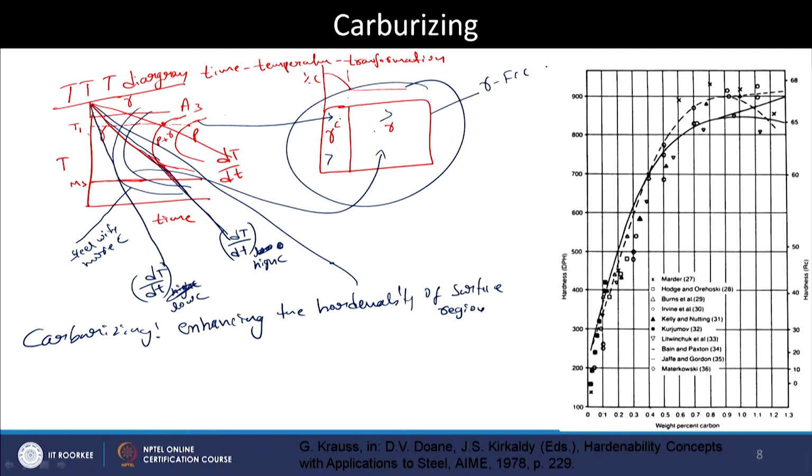And now when we are cooling it after carburizing, we are making the sample have a martensite surface and a subsurface of ferrite plus pearlite.